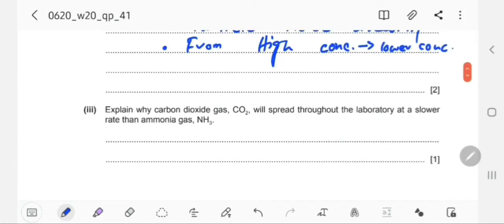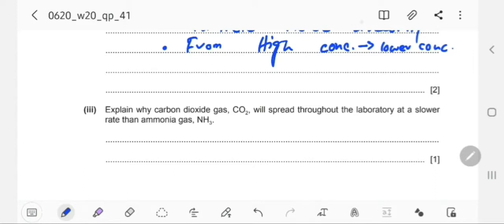The next question states: explain why carbon dioxide gas, CO2, will spread throughout the laboratory at a slower rate than ammonia gas. Well, ammonia is a lighter gas, because ammonia gas diffuses faster than carbon dioxide.